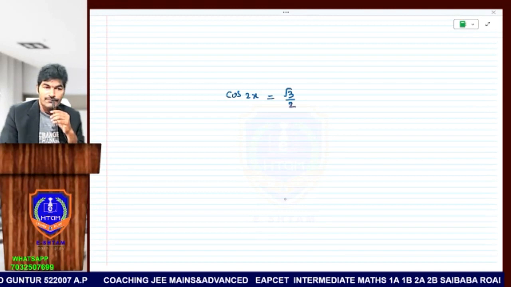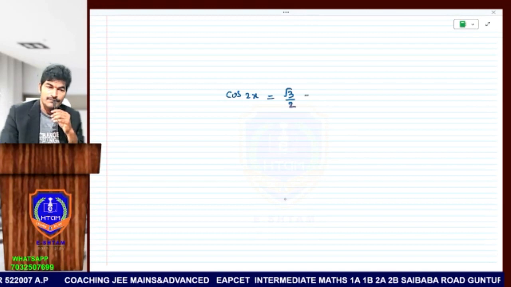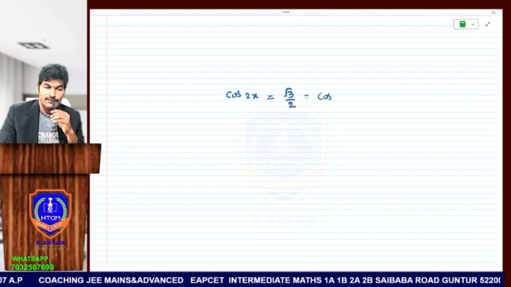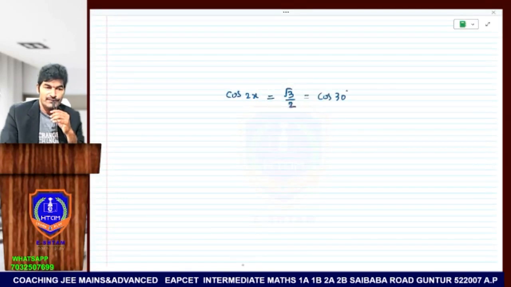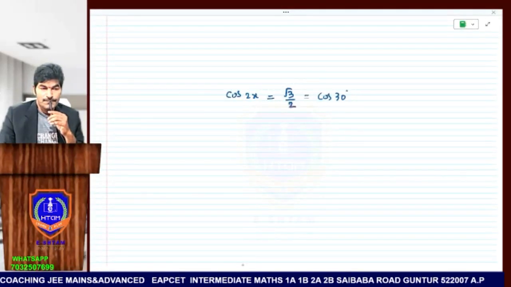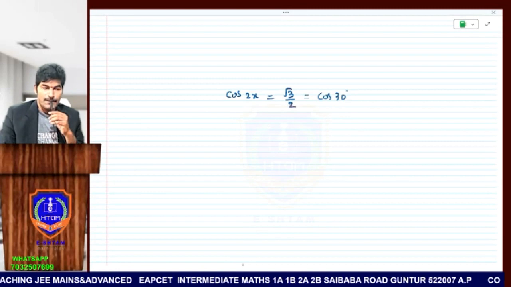So, when was it root 3 by 2? Cos 30. What was mentioned? 0 to 360. You should use the numbers. Understood? Okay.